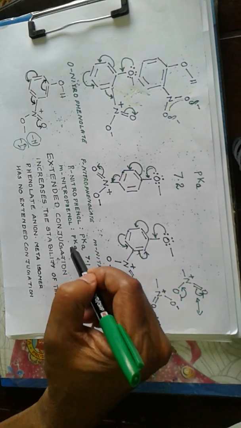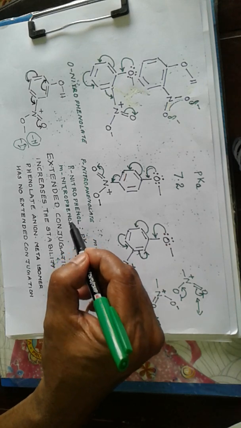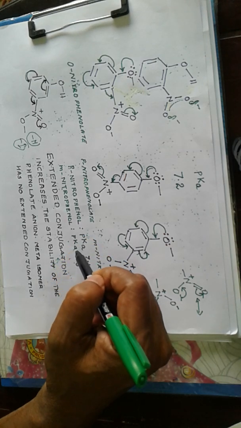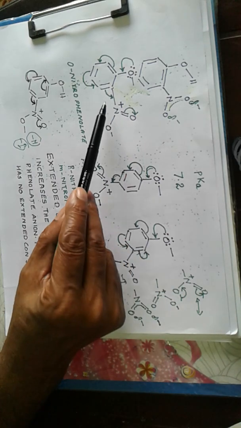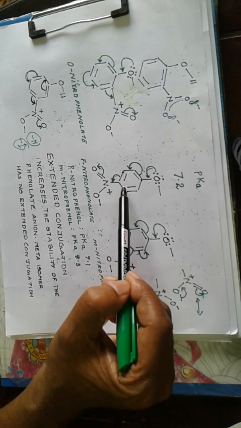So that explains the higher pK value, or the lower acidity, of meta-nitrophenol, because there is no extended conjugation in the case of the meta-nitrophenolate anion, whereas in the case of ortho-nitrophenolate and para-nitrophenolate there is extended conjugation involving the nitro group.